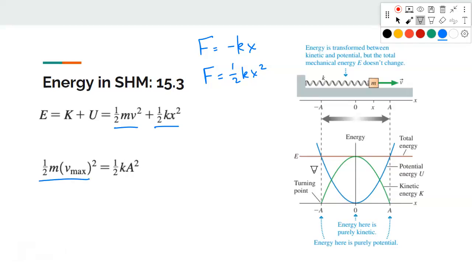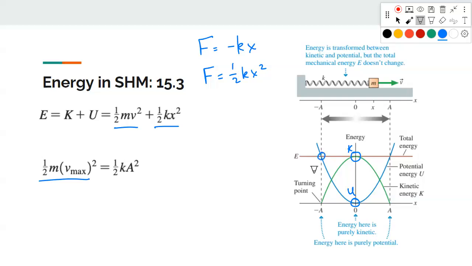So this graph is a little bit confusing, but at the 0 point, this green curve is the kinetic energy, and then this blue curve is the potential energy, which we usually give the letter U to. I guess they're labeled on the right side here. So you can see at the origin, we have only kinetic energy, 1/2 m Vmax squared, and no potential energy.